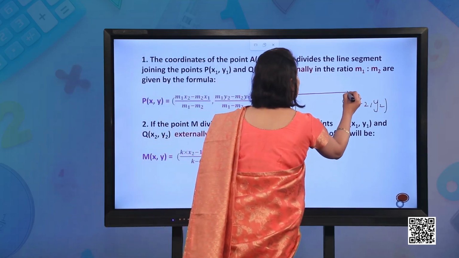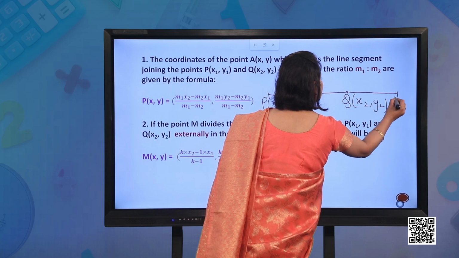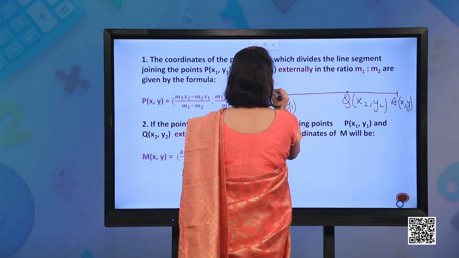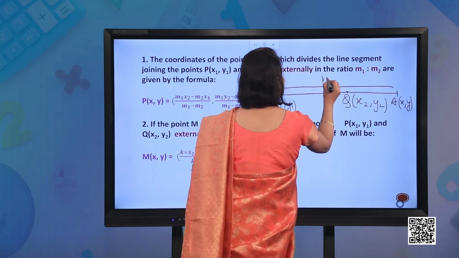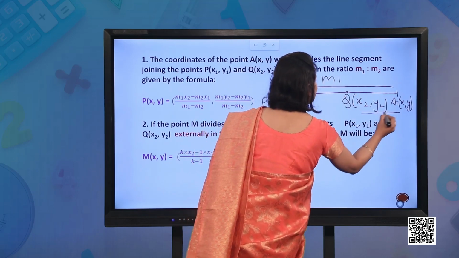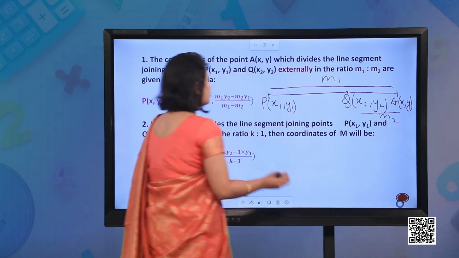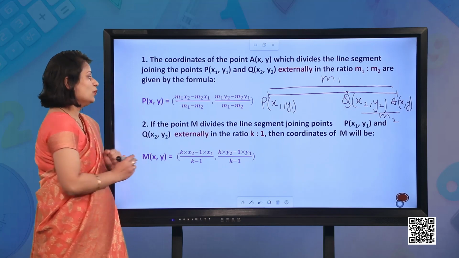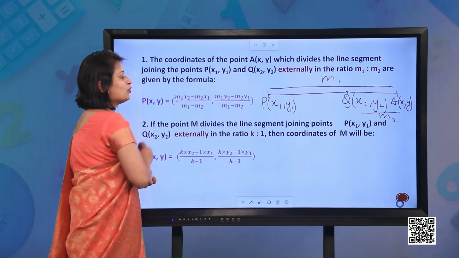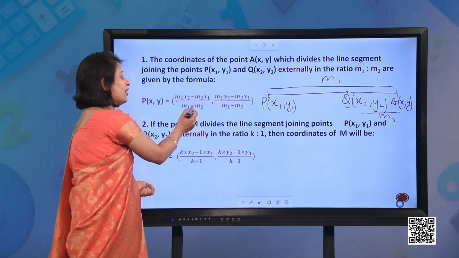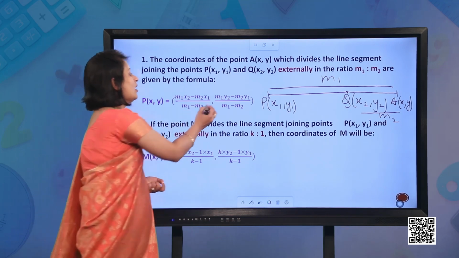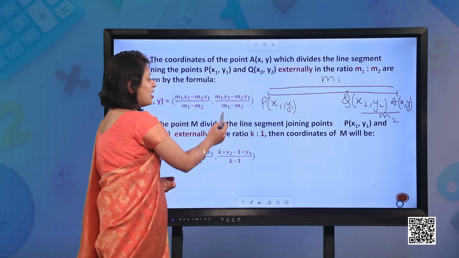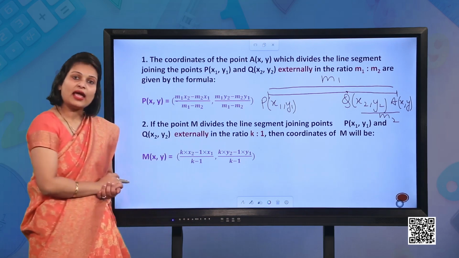Means there is a point which lies outside, which is A, x, y, and it divides the line segment PQ in the ratio m1 is to m2. So, the section formula will become m1 x2 minus m2 x1 upon m1 minus m2, m1 y2 minus m2 y1 upon m1 minus m2.